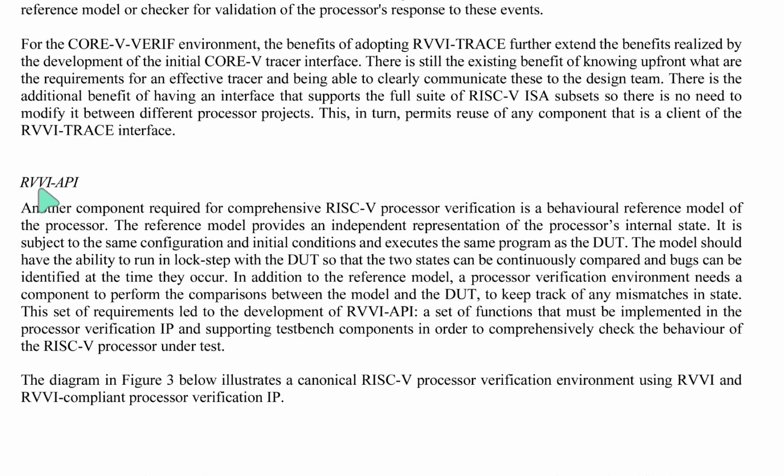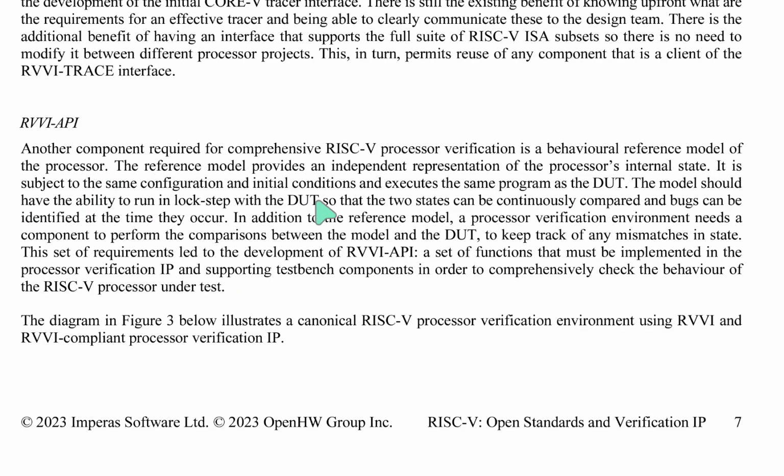So what is RVVI API? Another component required for comprehensive RISC-V processor verification is a behavior reference model of the processor. The reference model provides an independent representation of the processor's internal state. It is subject to the same configuration and initial conditions and executes the same program as the DUT.